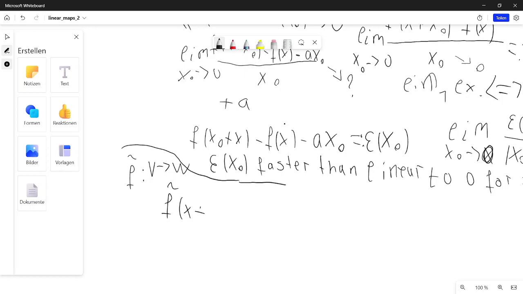And this is now a function just like above from a vector space V to a vector space W, and we suppose that it is differentiable. And we won't give a definition now. We just say, well, differentiable means linearizable. But now remember that f is just some crazy function.